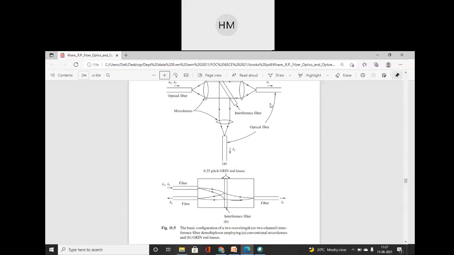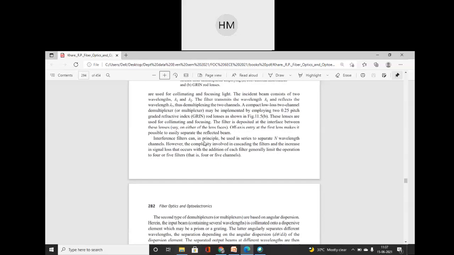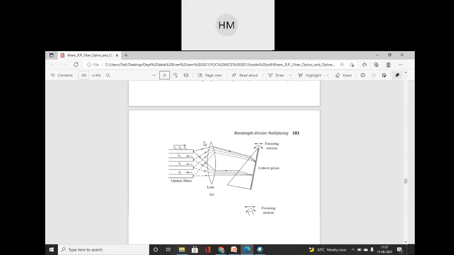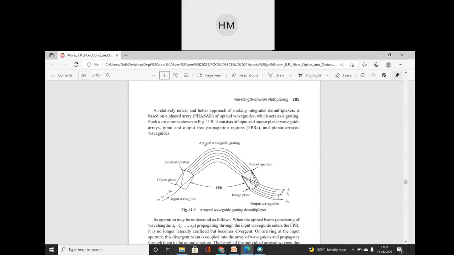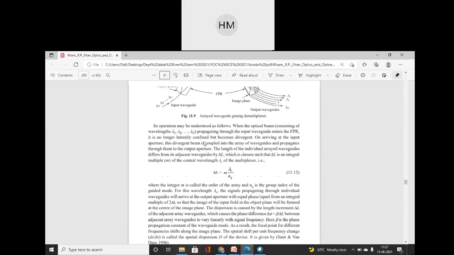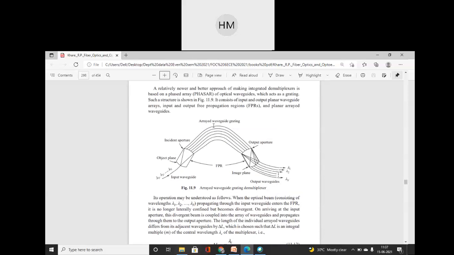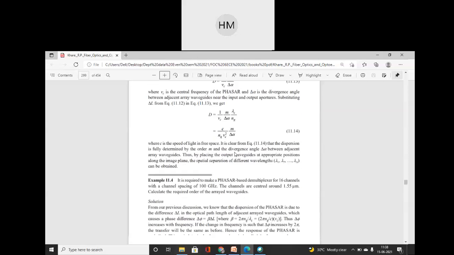And this is a traditional way where we use different convex lenses to radiate different wavelength energies. This is again a demultiplexer. This is your demultiplexer, which we will see later on.